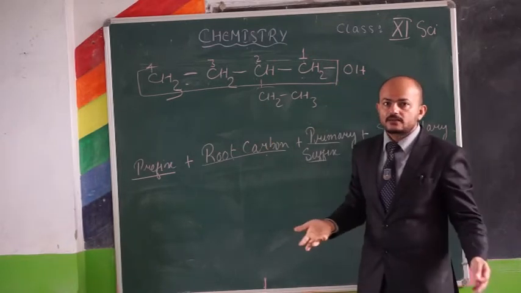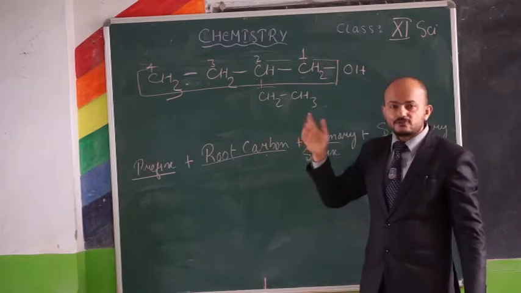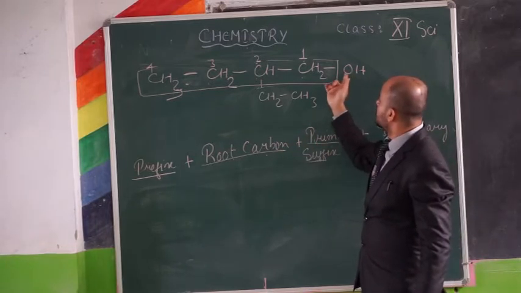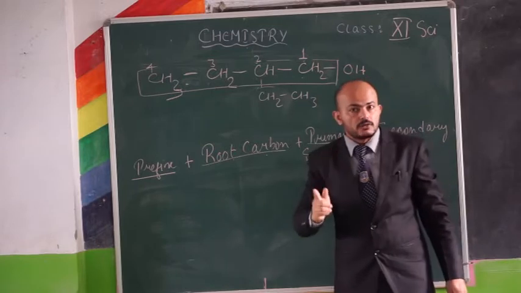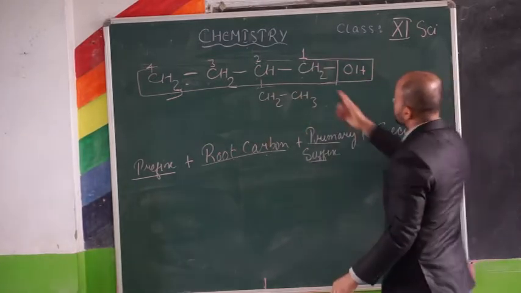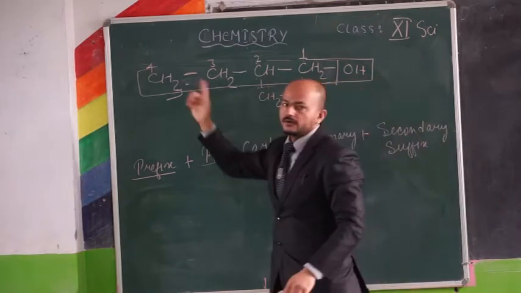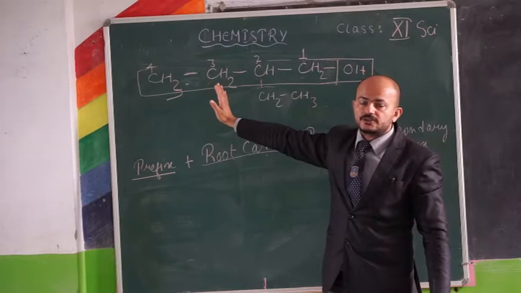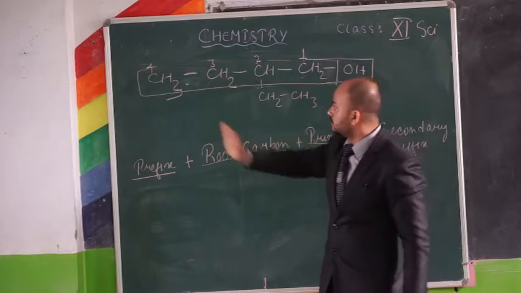OH is alcohol. Therefore, you have to select the chain which always contains this functional group. So you can put this inside this one. So 1, 2, 3, 4. This is the correct way of numbering the carbon chain. Please remember, okay? Please remember.